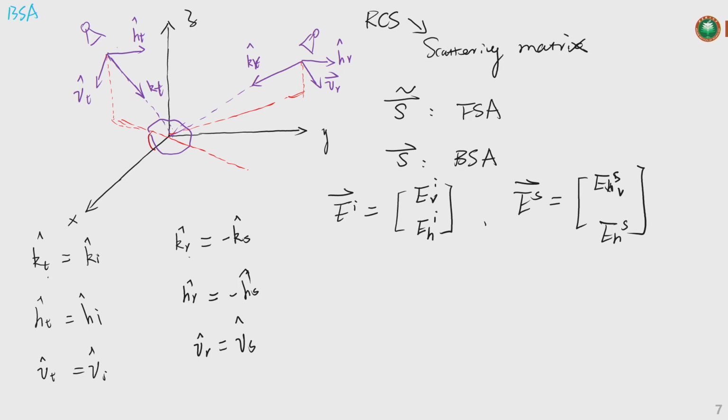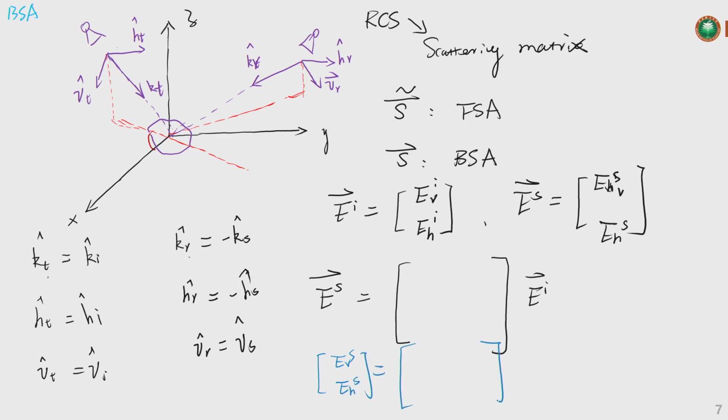So now, if we want to get the expressions, ES equals the matrix times EI.